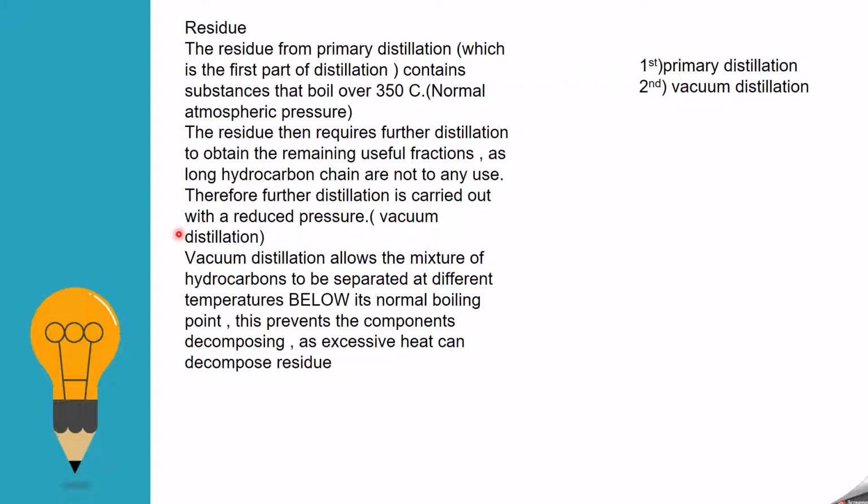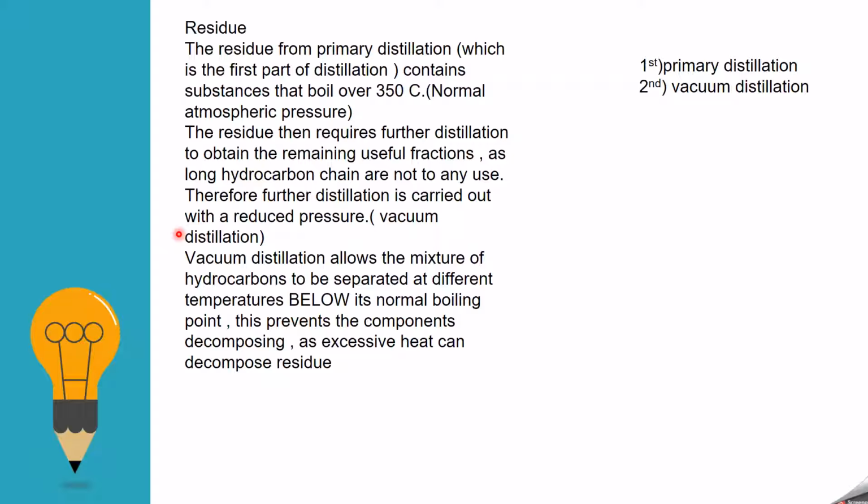Looking at the residue from primary distillation, which is the first part of distillation, it contains substances that boil over 350 degrees, and this is done at normal atmospheric pressure. The boiling point is really high only because of the length of the hydrocarbon chain, and it takes a lot of heat energy just to break those chains.